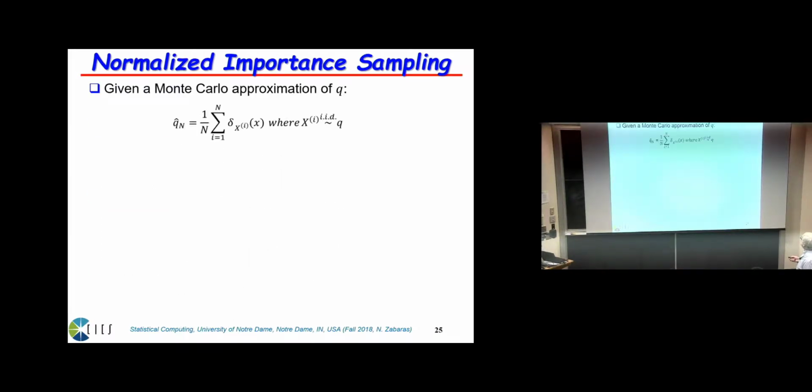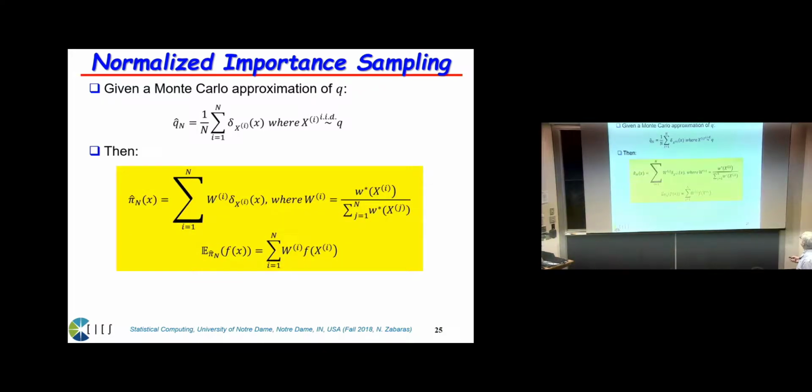So let me see our notation, okay? So here, in this case of unnormalized weights, basically this is how the distribution q looks like.